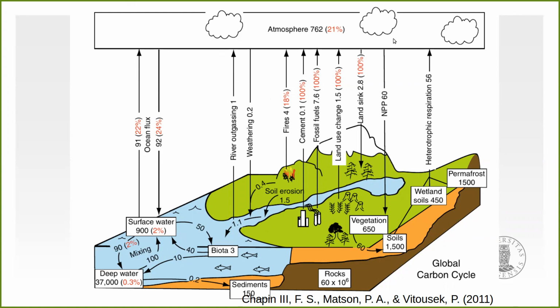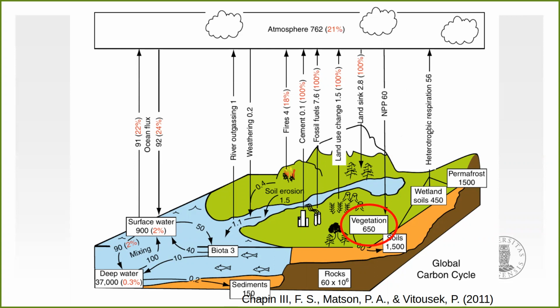And of course, we have the atmosphere, and then the arrows are the carbon fluxes going from one pool to another one. And percentages here in red are the anthropogenic influence changes to those fluxes or pools.